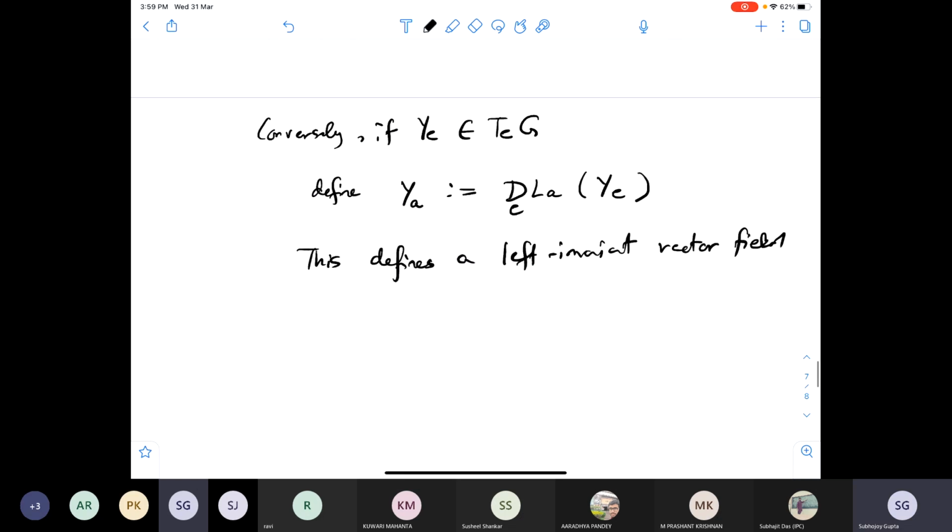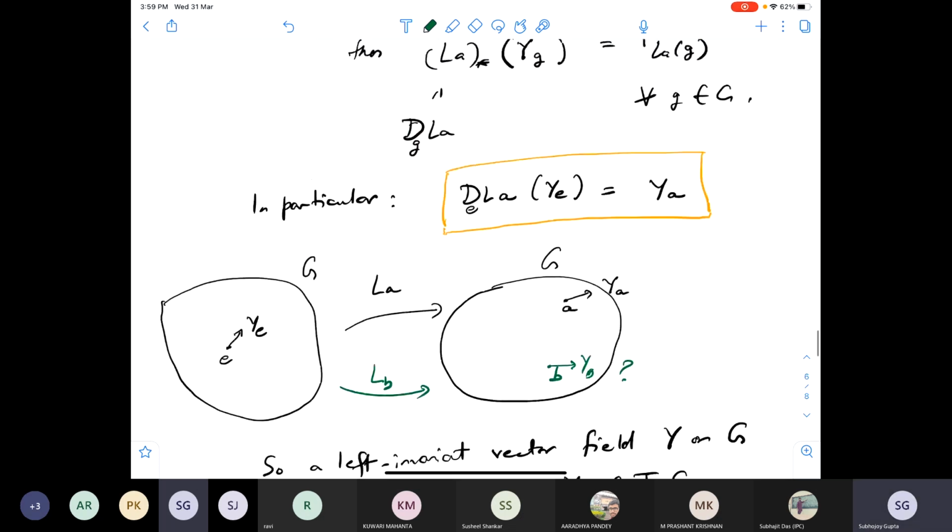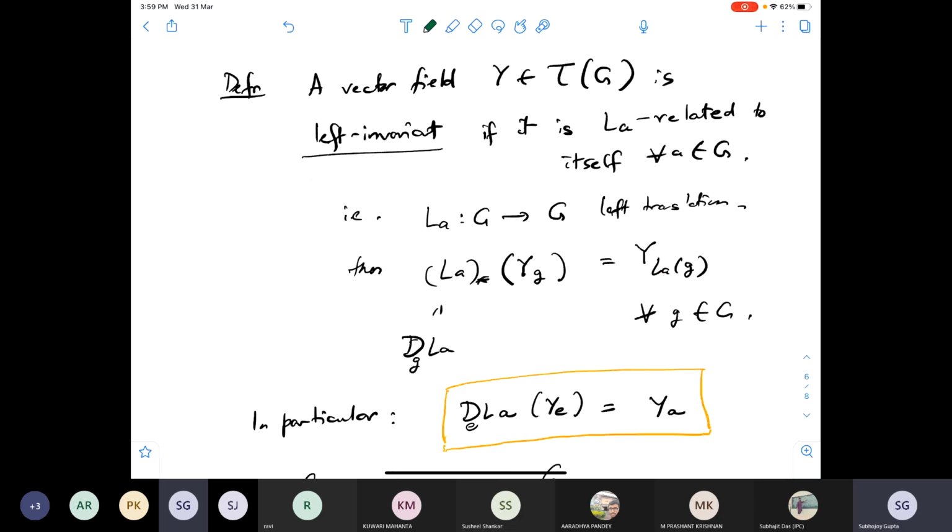And why is this left invariant, by the way? What do you have to check? You have to check that this property holds.